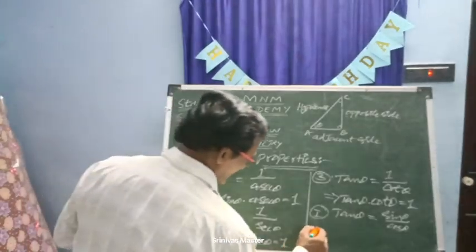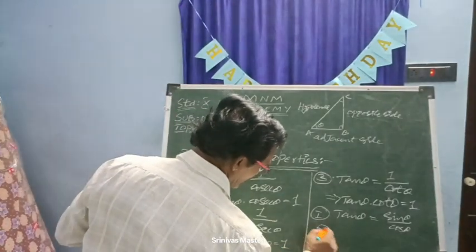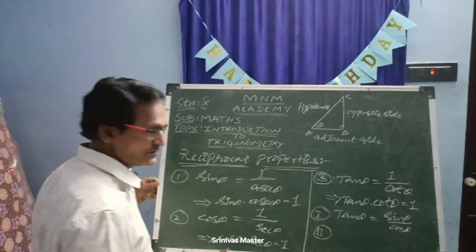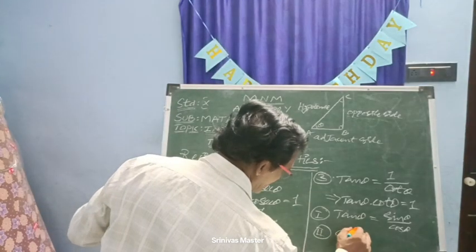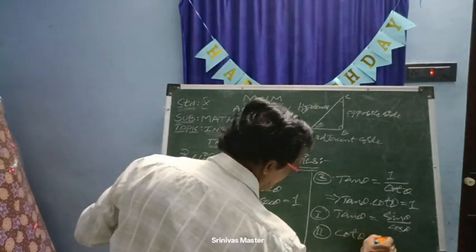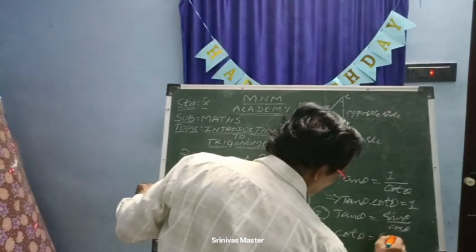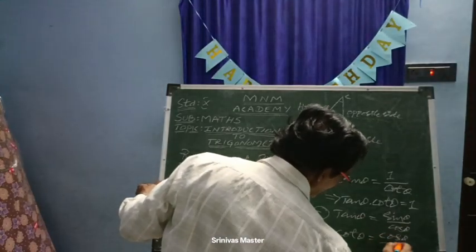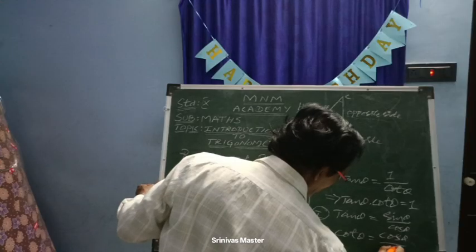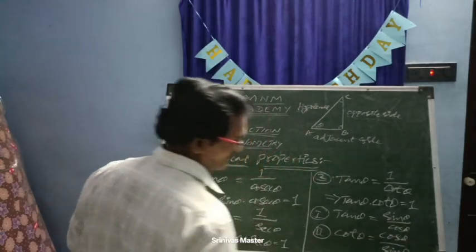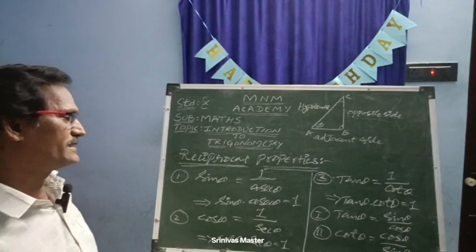And the second one, tan is the reciprocal of cot, I told you. That means cot theta equal to cos theta by sin theta. Okay, children, so these are the general rules.